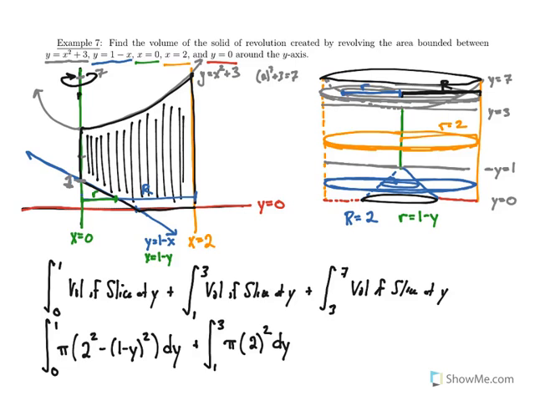Seen in the picture, big radius is going out to that yellow line. That's going to be 2. And the small radius is going out to that black line.